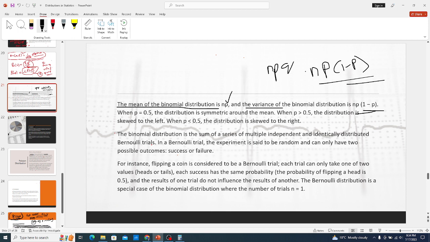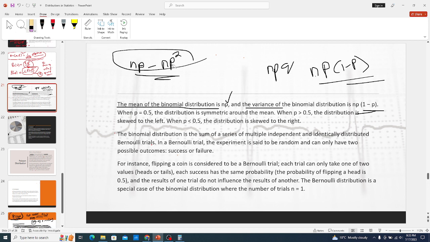Some books might expand this, so it will be NP minus NP squared when you open these brackets.